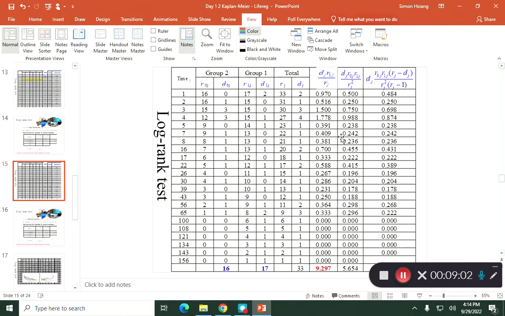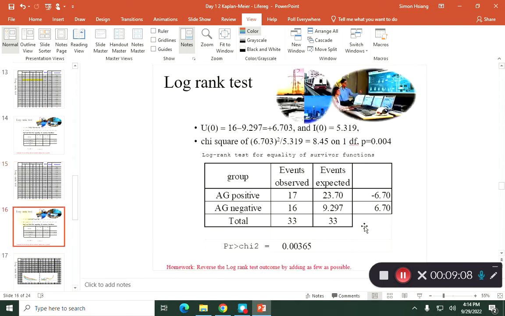Let's sum up all the ahead, behind. I'm 9.2, but for 9.2, that's for group 2. Your measurement is 9.2, but you have 16 events, right? So 16 minus this, you are 6.7 ahead.